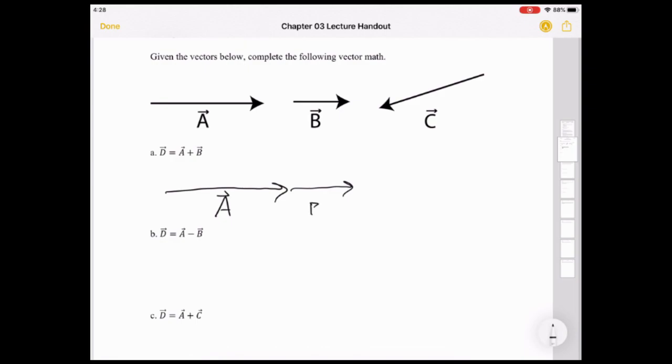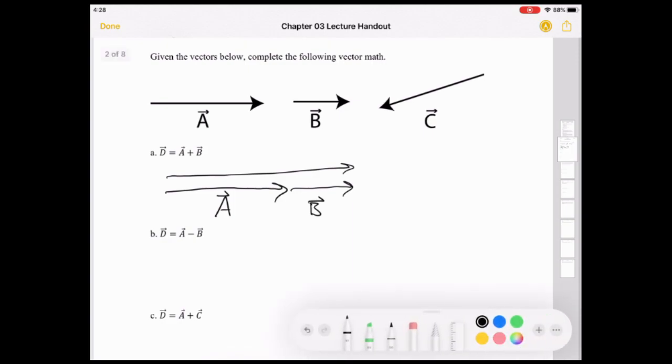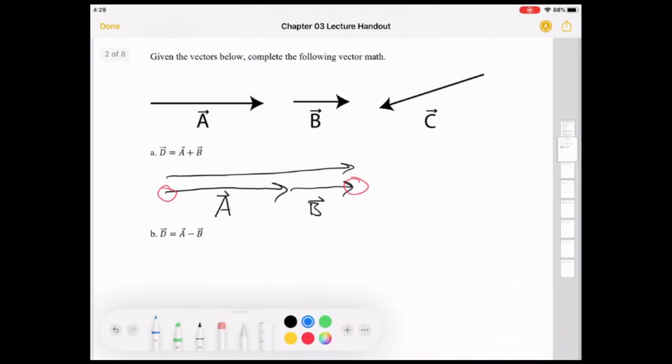There's A and there's B. And the answer here is tip to tail, right? It's the tail of one end, so that's like right here, and the tip to the other end, that's right here. So we added these tip to tail, and that really is the answer, D.